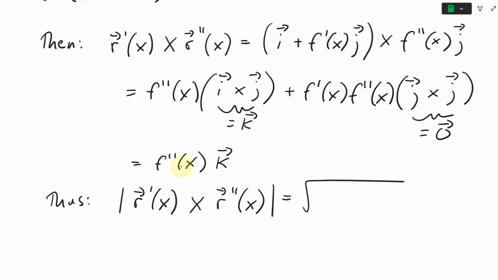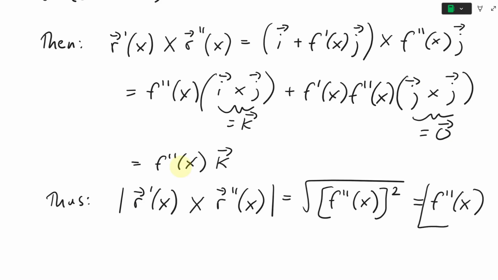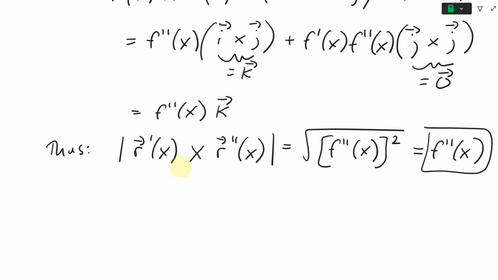So the square root of f double prime of x, all squared. But then we have a square root and a square, so that cancels out, and we're just left with f double prime of x. So that is the magnitude or the length of that cross product, and that's what we're going to use in our equation.